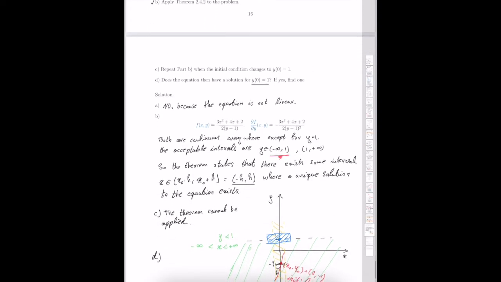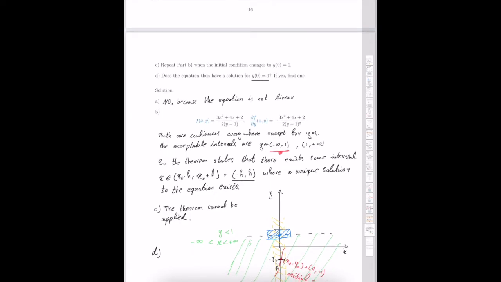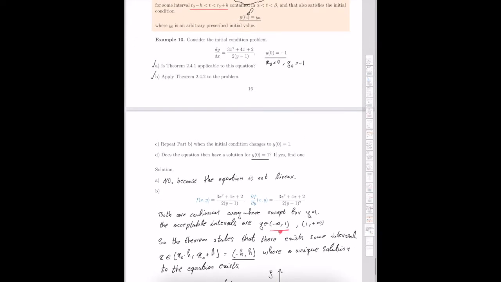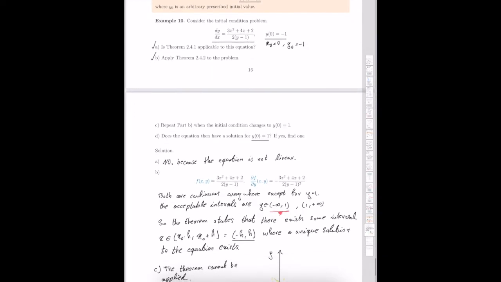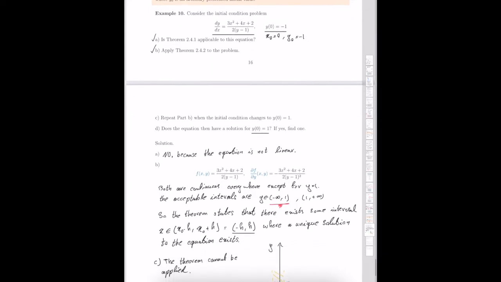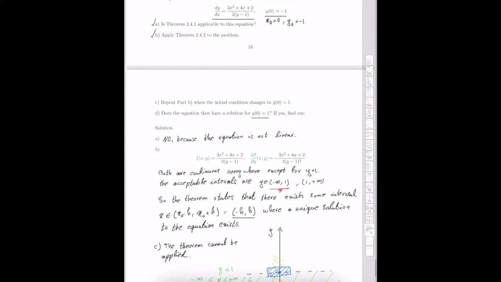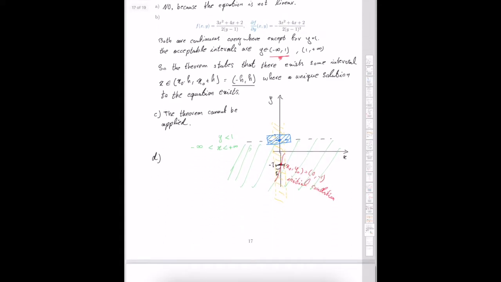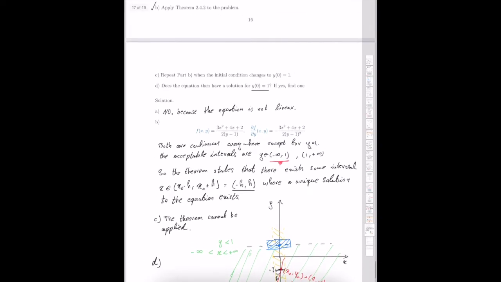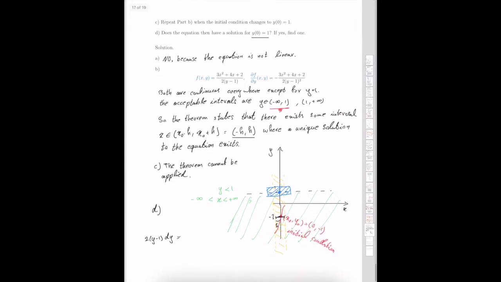So part D is asking, okay, that theorem cannot be applied, but is there a solution? Can you find any? If you look at this equation, you should be able to solve this using what you've learned from the previous lectures. It's separable, right? So I can just multiply 2 times y minus 1 times dy. This should be equal to the other side.